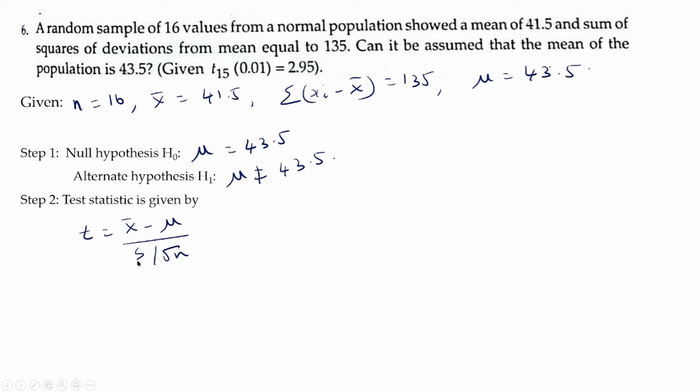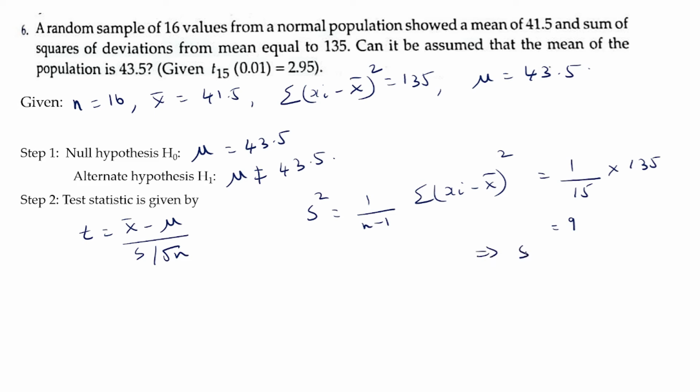Here we can use S because we are given the sum of the squares of deviations from the mean. So first let us calculate S. We know S square is equal to 1 by n minus 1 summation xi minus x bar the whole square. So it is 1 by n minus 1, which is 16 minus 1, 15, into this is given as 135. So this is equal to 9. From this we have S is equal to root 9, which is 3.